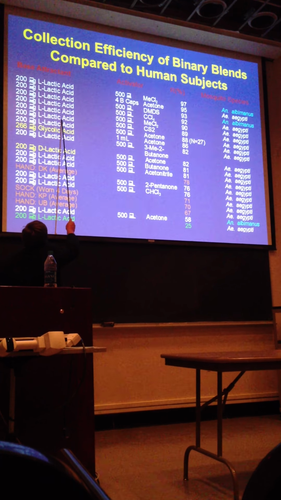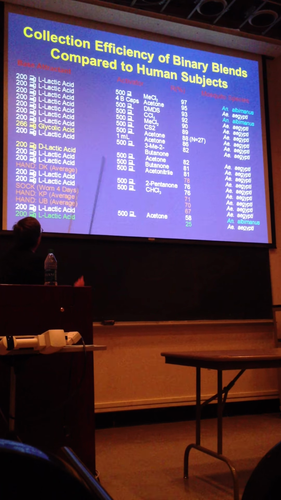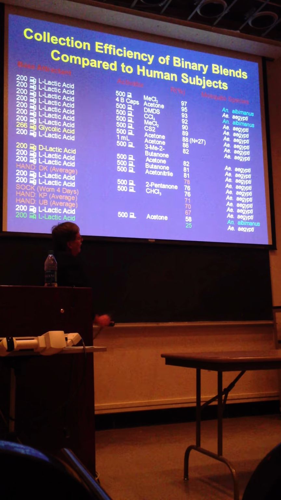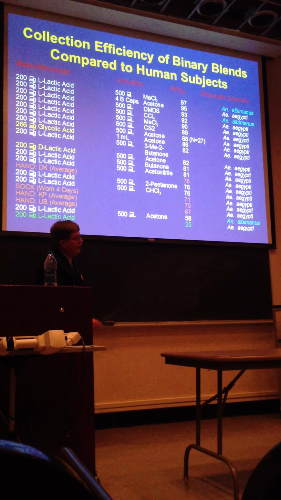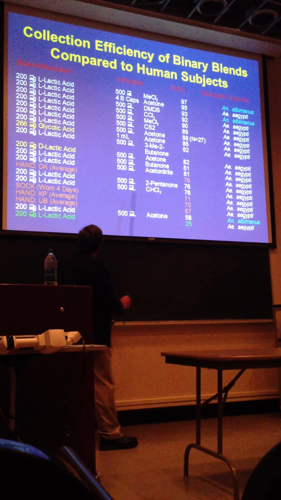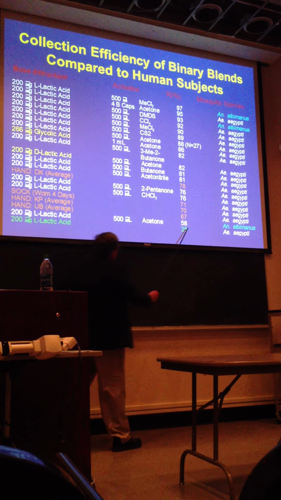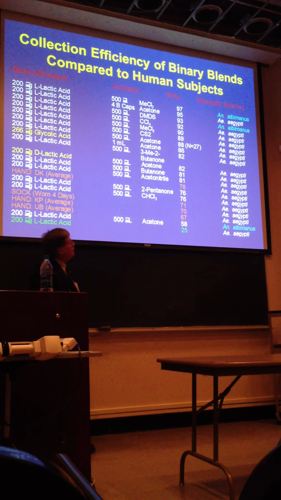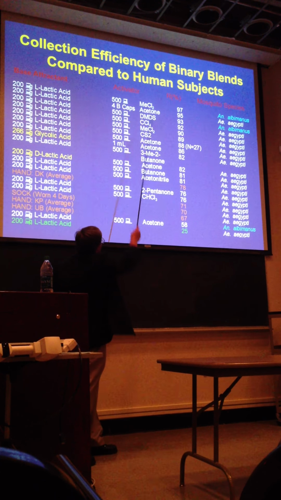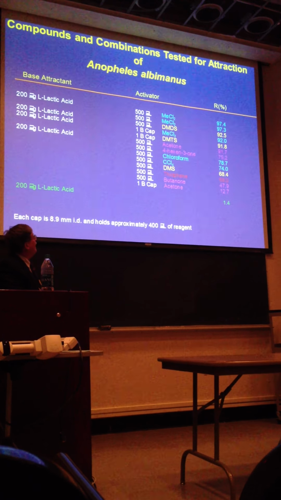So one of those original attractants that I talked about, we decided we had to go back to the drawing board, so we started with lactic acid, and then we started adding, and we did look at the 30. So we started combining it with acetone, and you see at the top there, 95%. So we started to develop a pretty good blend.